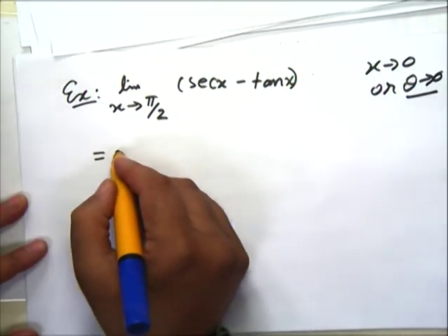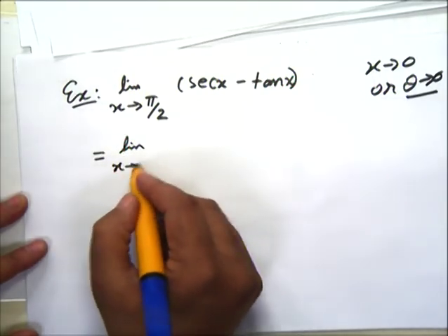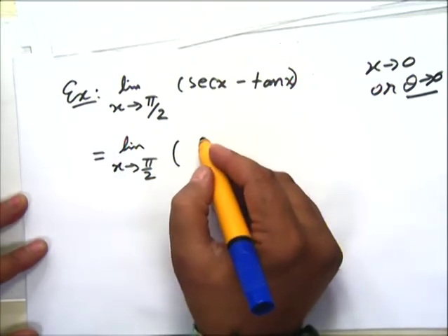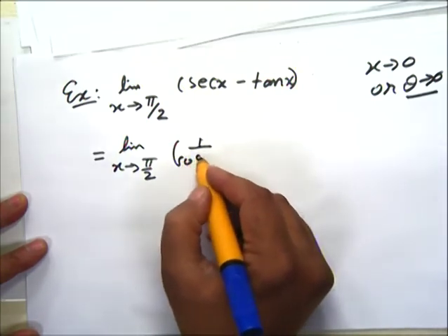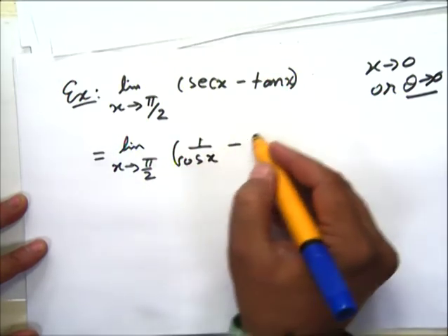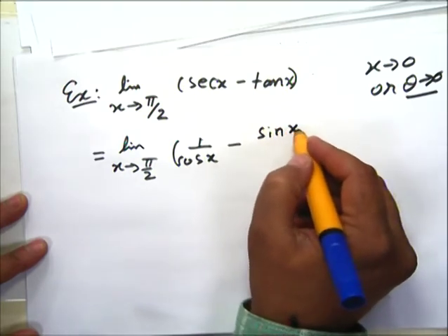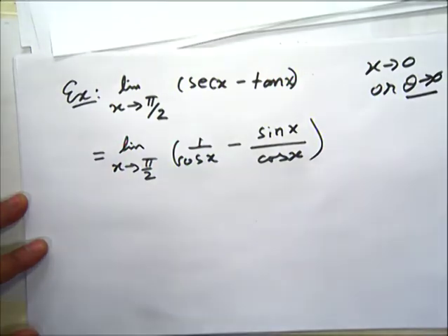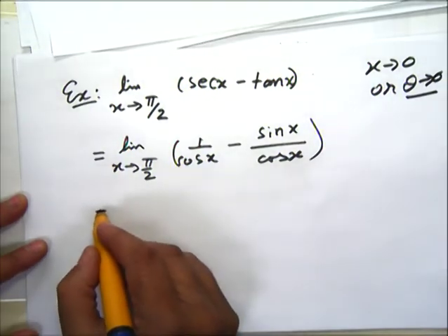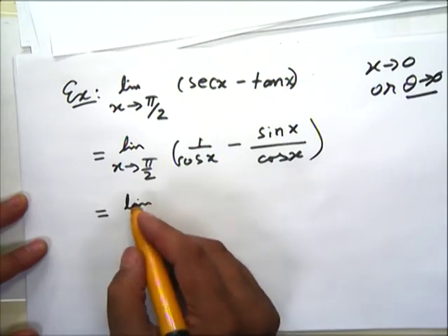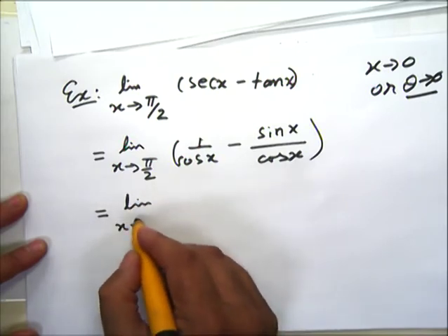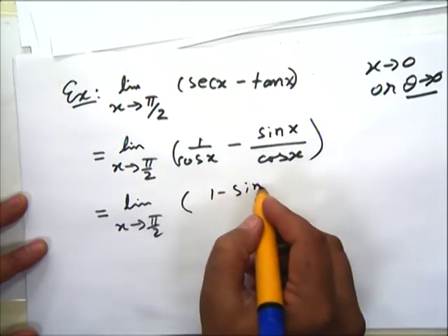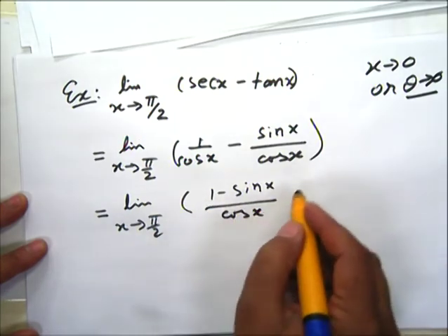So we will use this is equal to limit x tends to pi by 2. And what is sec x? That is 1 upon cos x, and minus sin x upon cos x. Okay. So this is equal to limit x tends to pi by 2 of 1 minus sin x upon cos x.